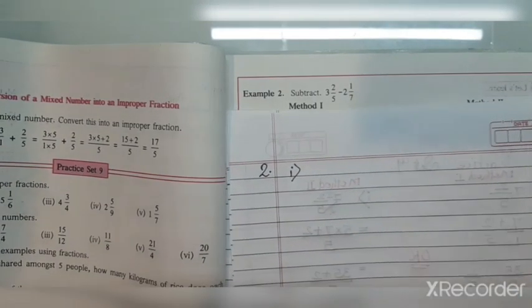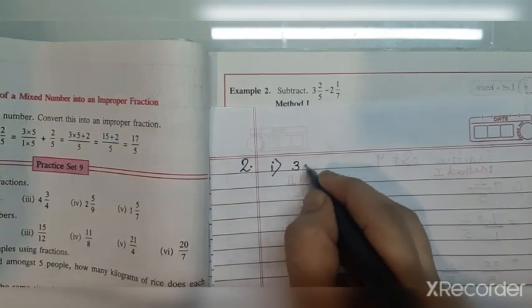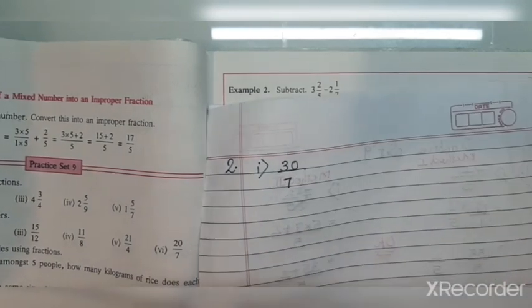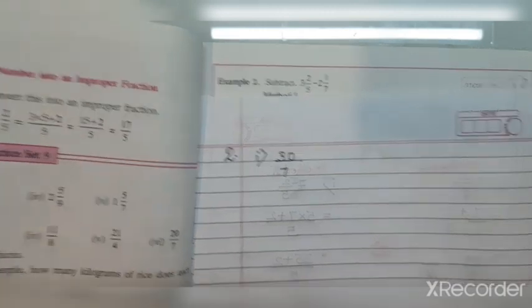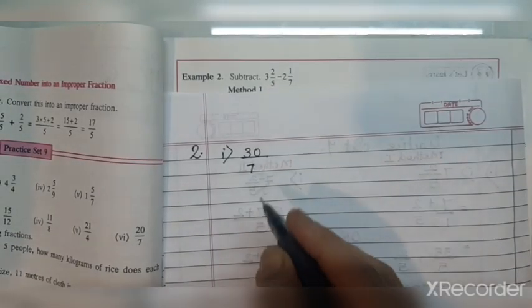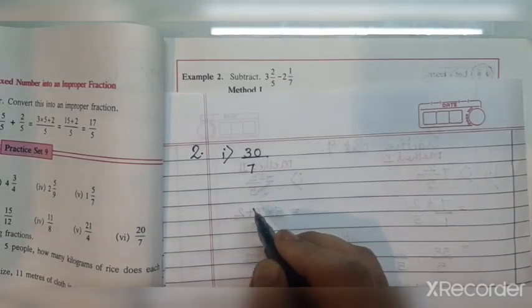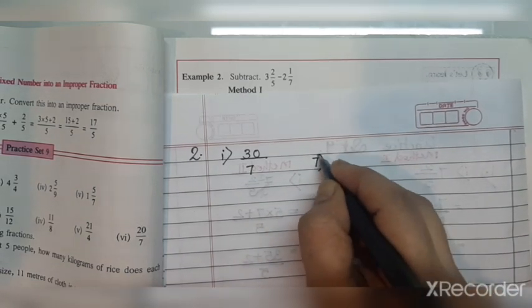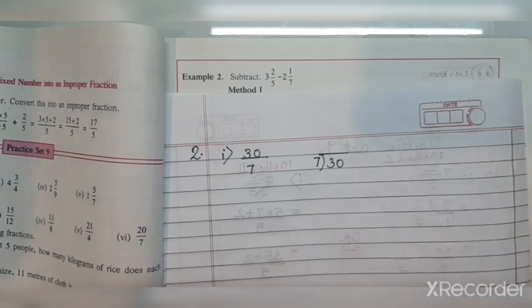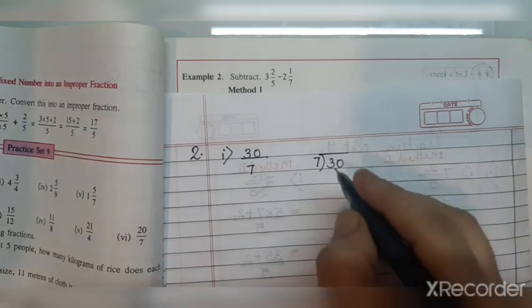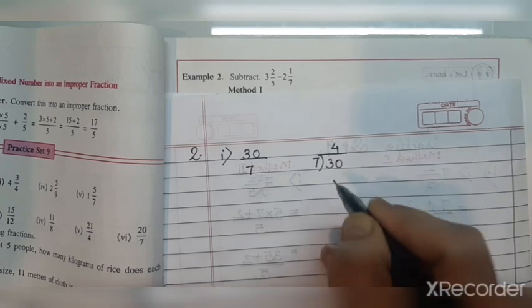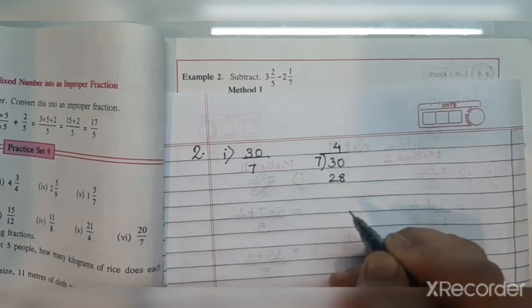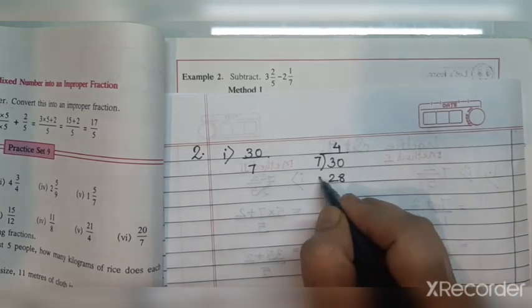Here also first I'll do 30 upon 7. Now in this what we have to do is actually carry out the division. So 7 is the divisor and 30 is the dividend. How we'll do this? 7 4s are 28, because 7 5s are 35, which we cannot take.